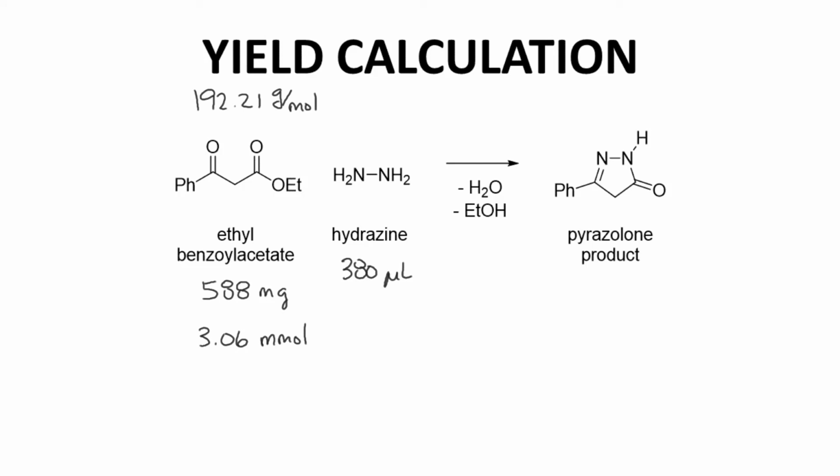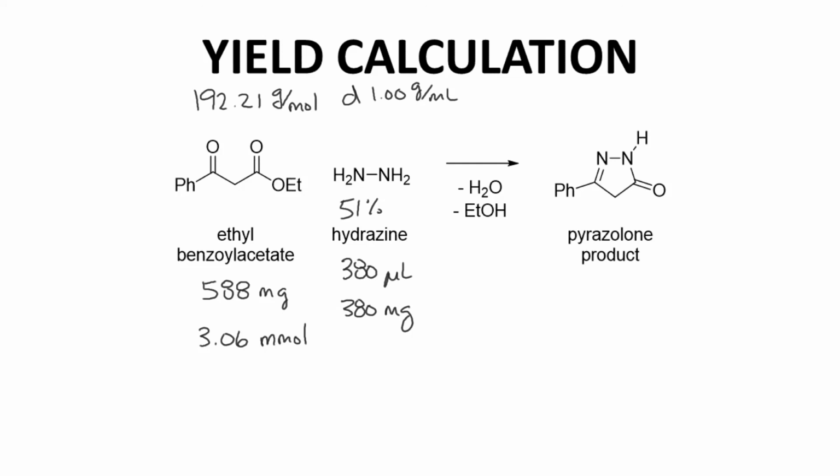Since we use the volume, we need to use density to convert that volume to a mass. Aqueous hydrazine has a density of 1.00 grams per milliliter. Following some unit conversions, that works out to 380 milligrams of our aqueous hydrazine. Aqueous hydrazine is 51% pure. That's 51% hydrazine and 49% water.